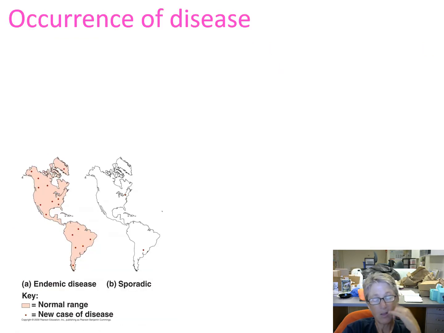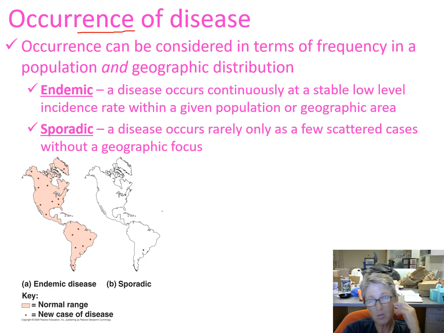All right, so that was frequency with incidence and prevalence. This is occurrence of a disease. So the occurrence can be considered in terms of frequency, and remember frequency is incidence and prevalence, in a population and its geographic distribution.